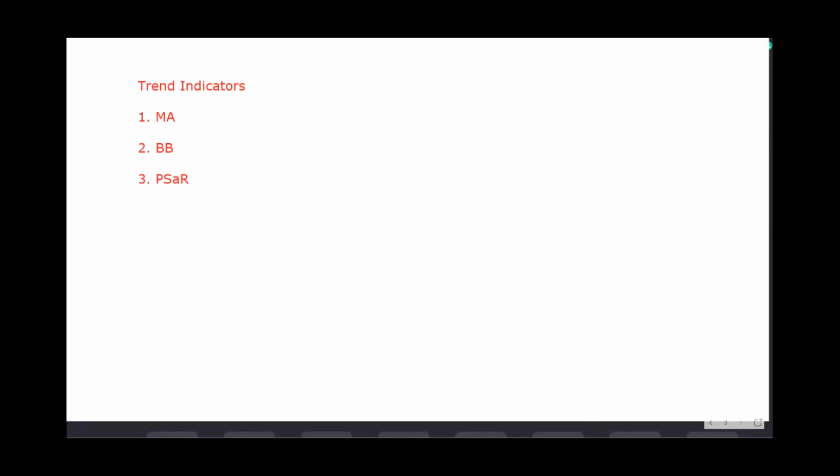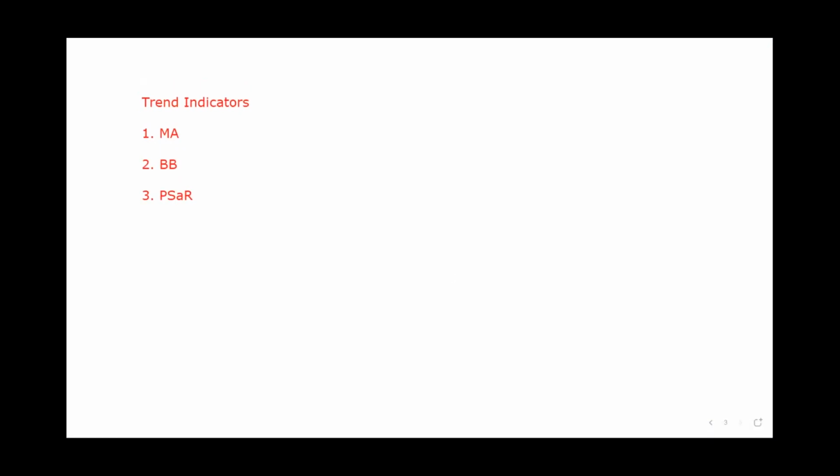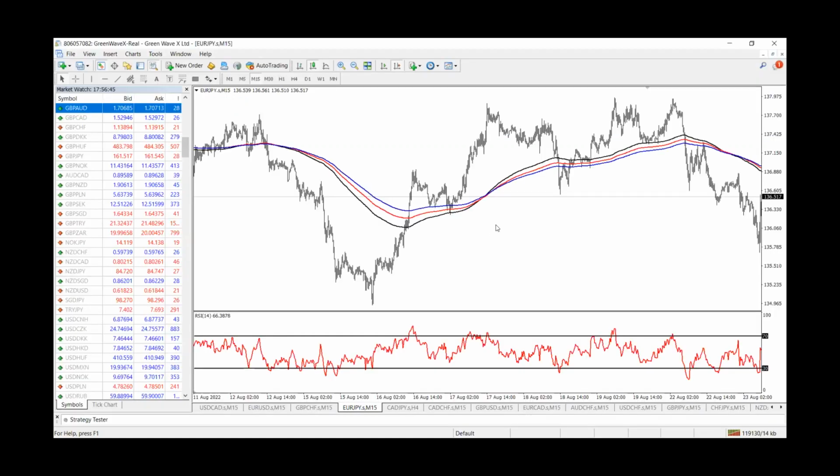Okay, so how do we now plot the moving average on our chart? That's what we want to do now. So I'm going to share my chart, my MetaTrader 4, with us. And let me know if you can see my MetaTrader 4.